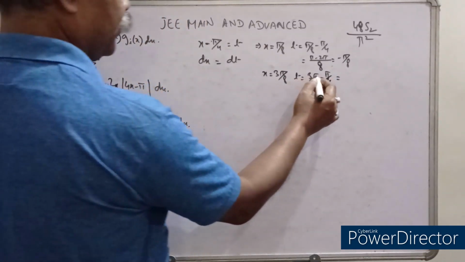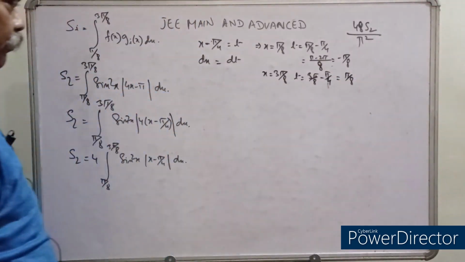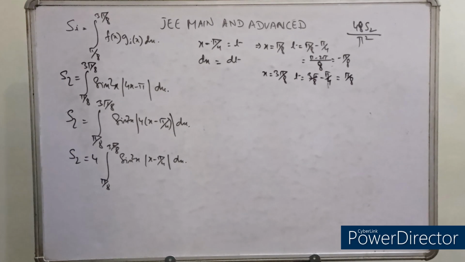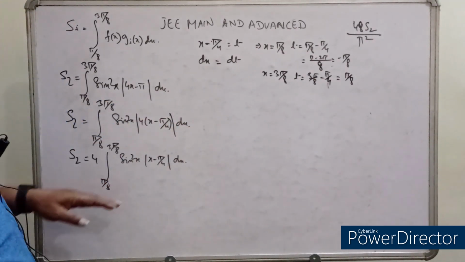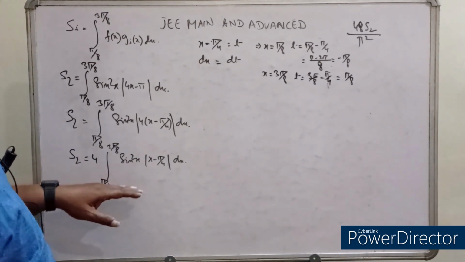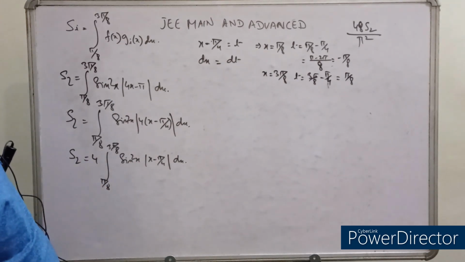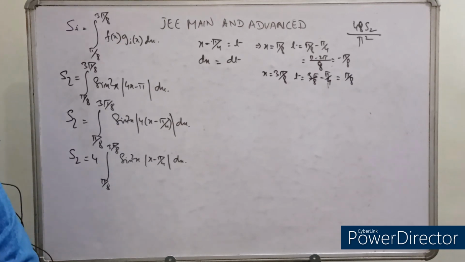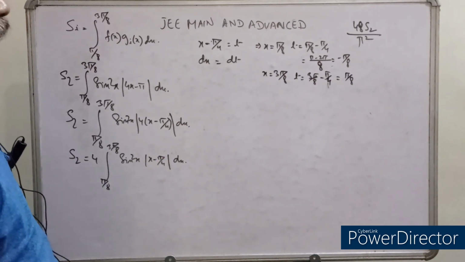So 3 pi minus 2 pi, it will again come out to be pi by 8. You will now come to know why I have done like this, because here there is a problem. The problem is that there are two functions. We can do it by parts, but the main problem is created by this modulus function.